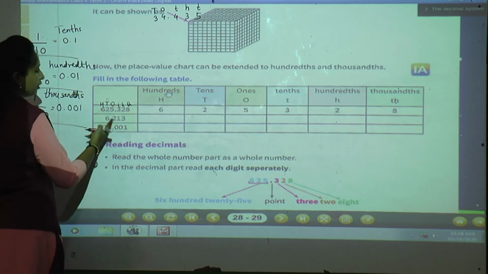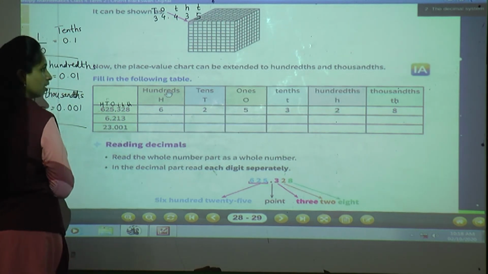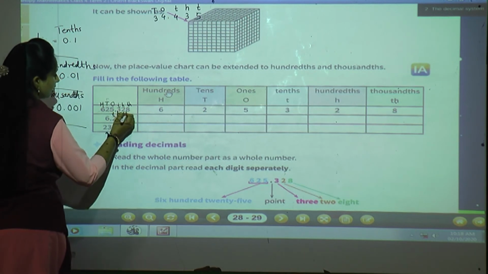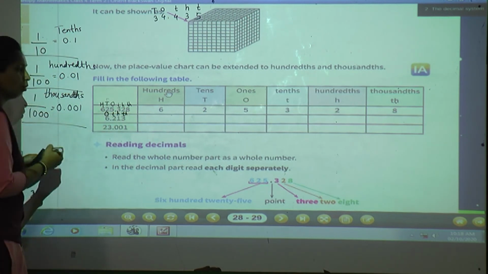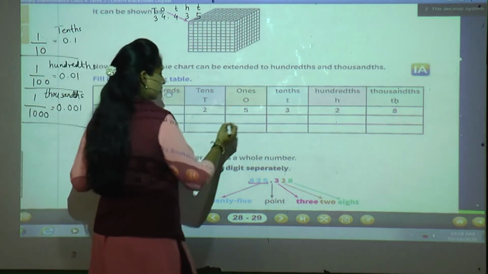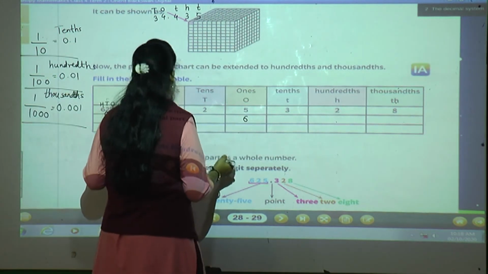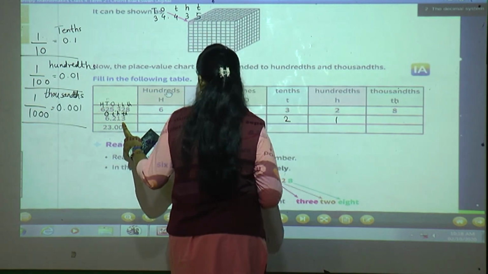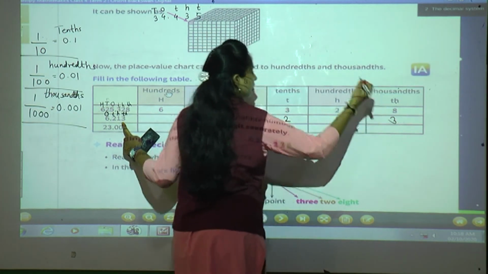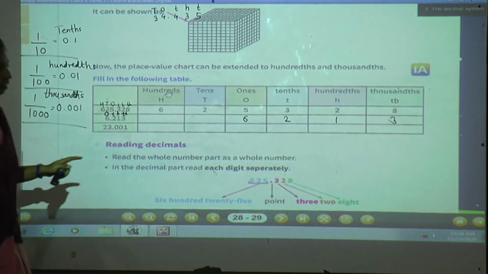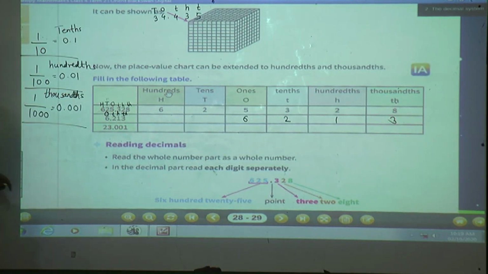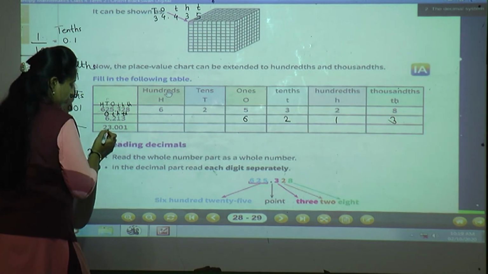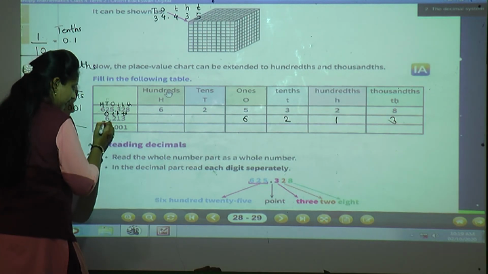Now see the next number, 6.213. After the point, these are the decimal digits: tenths, hundredths and thousandths, and this is capital ones. So place the 6 into the ones place, 2 into the tenths place, 1 into the hundredths place and 3 into the thousandths place. Are you getting it? Now see here, 23.001. 23 means ones and tens.